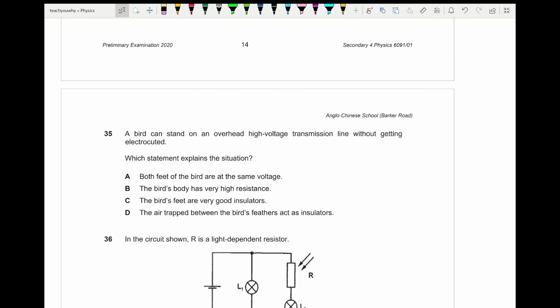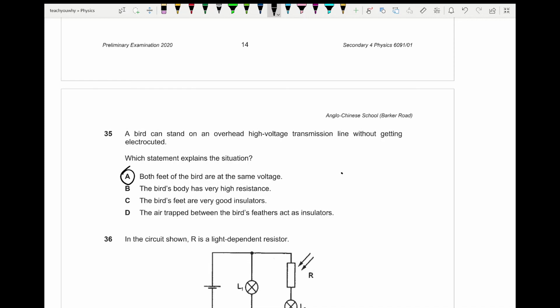A bird can stand on an overhead high voltage transmission line without getting electrocuted. Which statement correctly explains the situation? Both feet of the bird are of the same voltage. Yes, A. It is the potential difference that allows current to flow, but not the voltage.